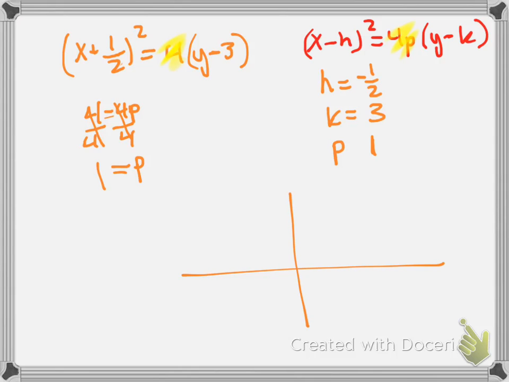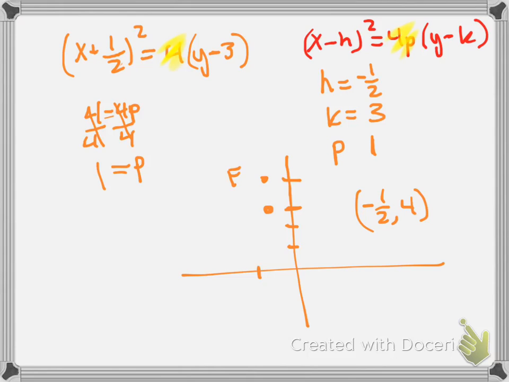So now I'm ready to graph. So if I have an h value of negative 1/2, and then up 3, 1, 2, 3, I have that point right here, and my p value is 1. Because the x is squared, it's vertical, so I can go up 1 to find my focus, and my focus is actually going to be at negative 1/2 comma, what's that, 4?